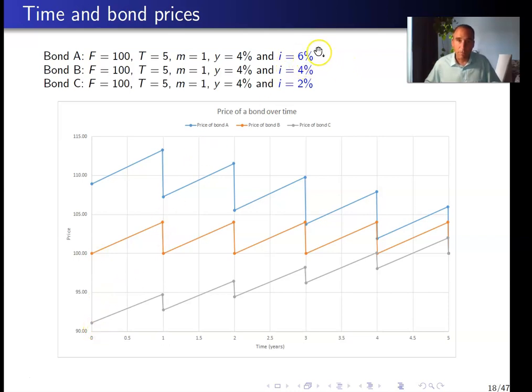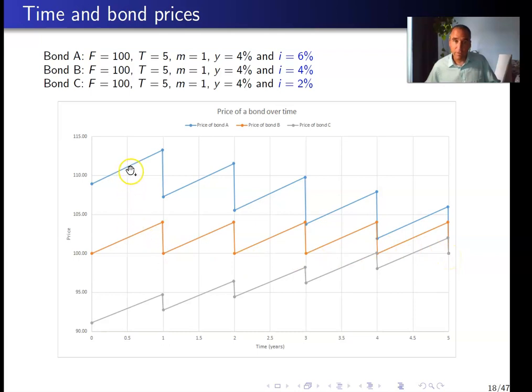Okay, so the bond selling at a premium has a coupon rate of 6% when the yield to maturity is 4. The bond selling at par has a coupon rate of 4 when the yield to maturity is 4. And the bond selling at a discount has a coupon rate of 2 when the yield to maturity is 4. So all three bonds slowly move towards F, which is $100.